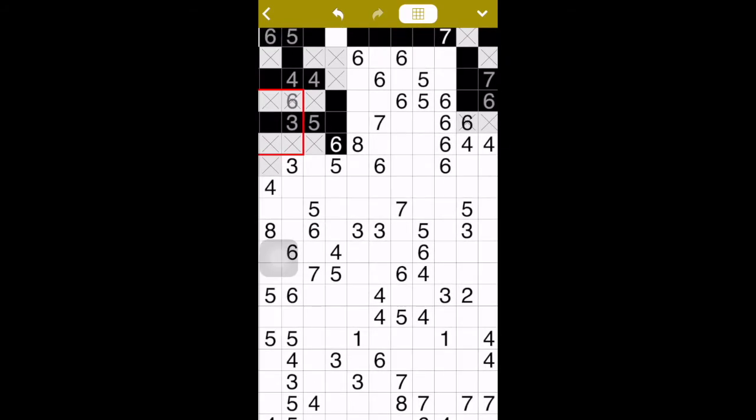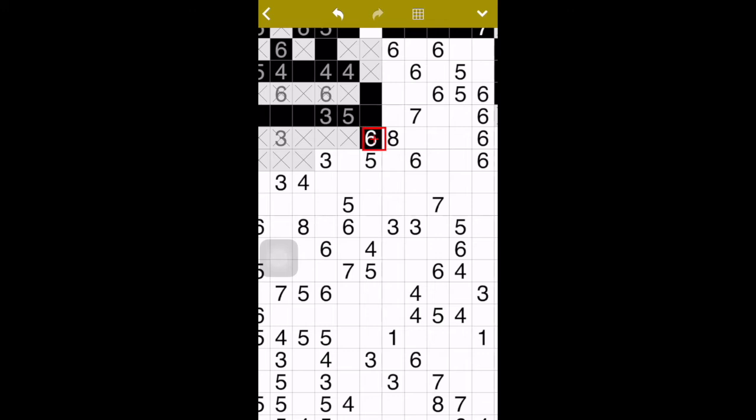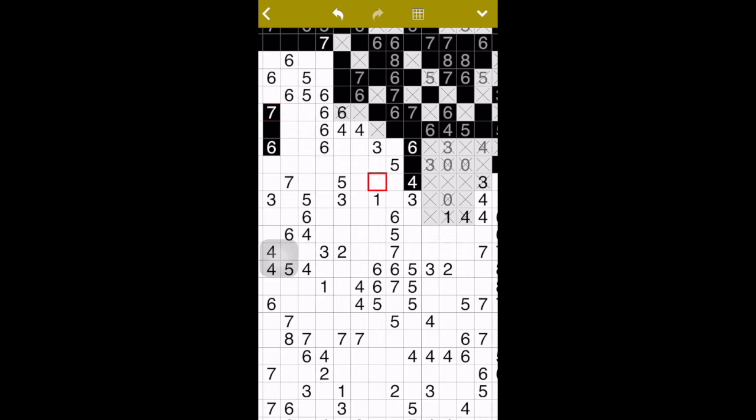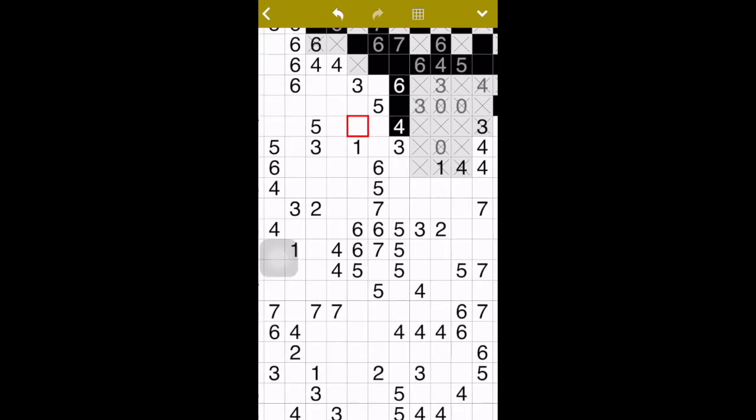Yeah, let's do it here. 8 and the 6, difference of 2. Diagonals here, 1 and a 6, right? Difference of 5, do that. Difference of 2, 7 and a 5. One black space. I need 3 here.